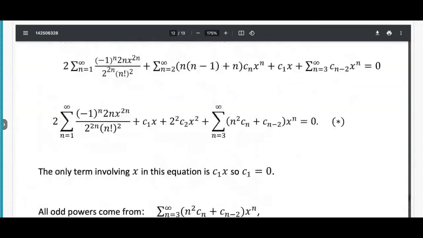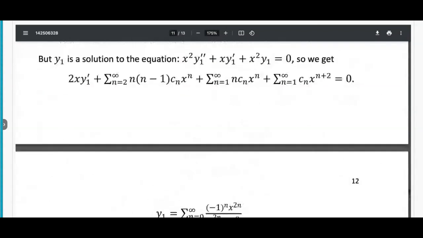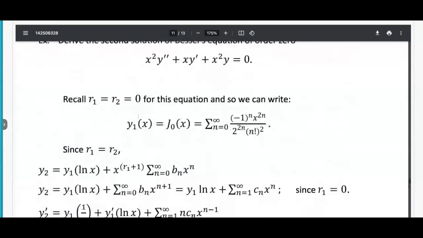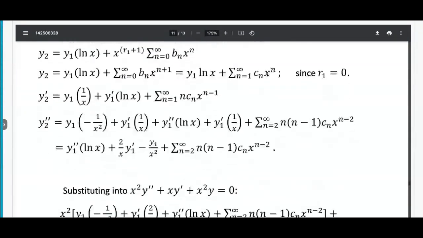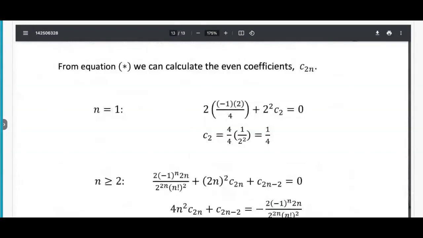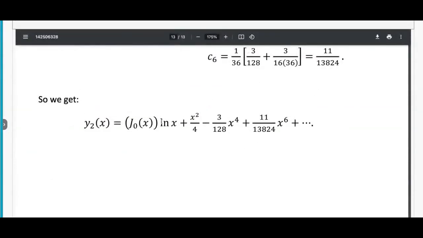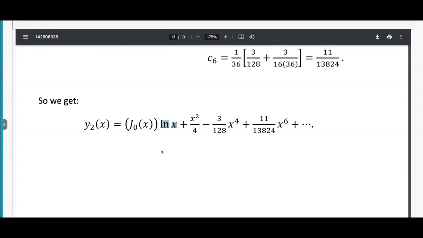Sometimes mathematics is just a lot of notations. Remember the G naught is just y1, just the first solution. Just ignore the G naught. So just y1 times ln x.